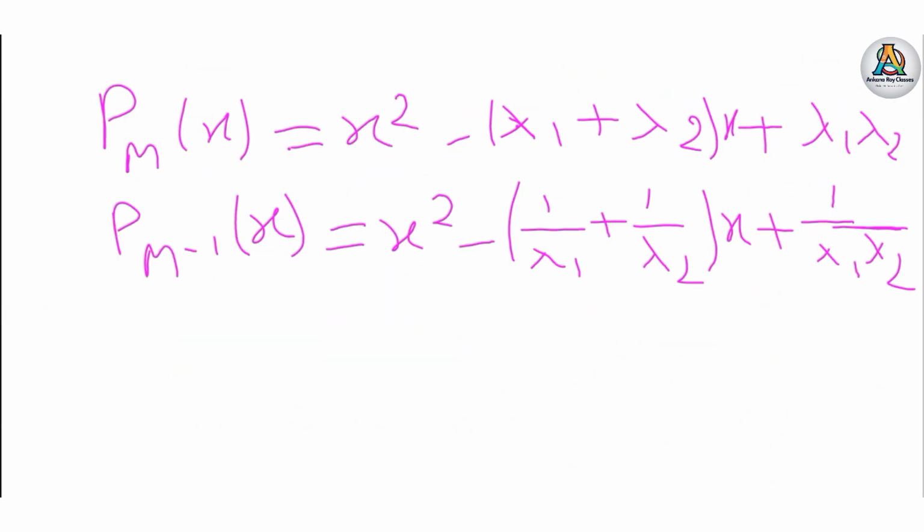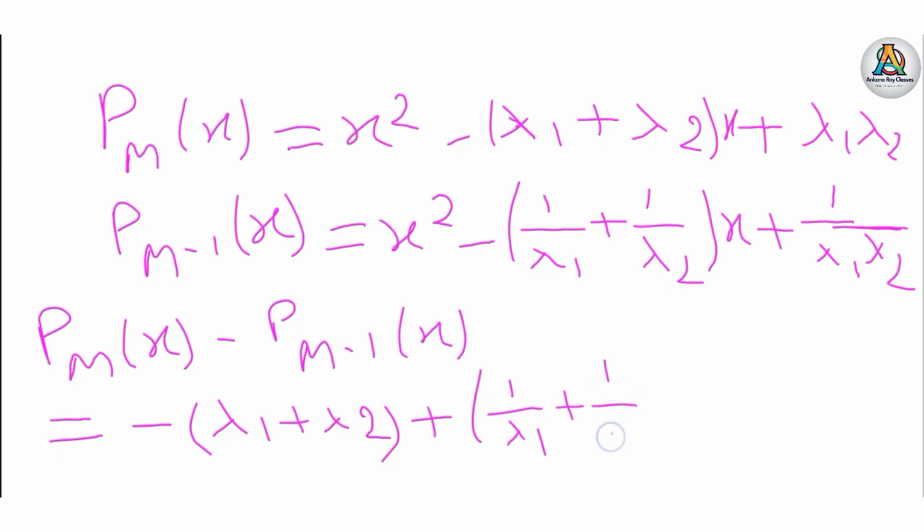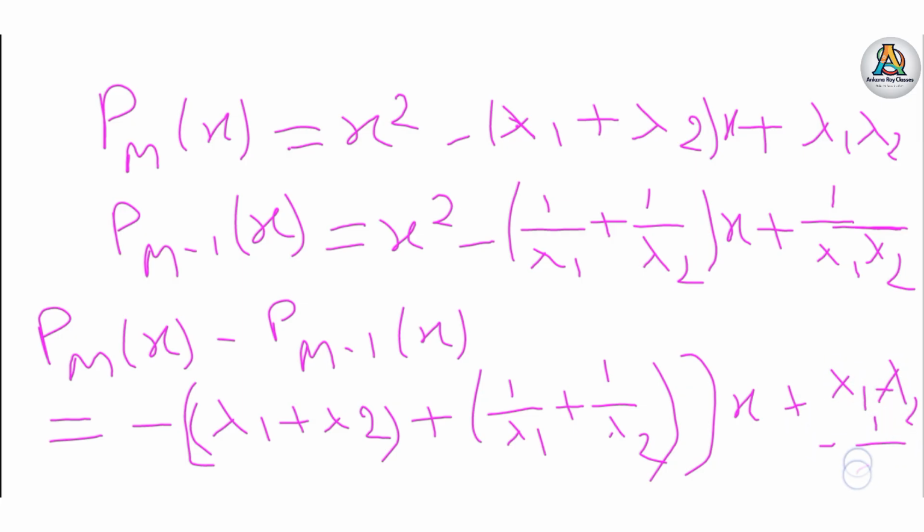Now P_M(x) minus P_M inverse(x) is equal to minus (lambda 1 plus lambda 2 minus 1 by lambda 1 minus 1 by lambda 2) times x plus lambda 1 lambda 2 minus 1 by lambda 1 lambda 2.